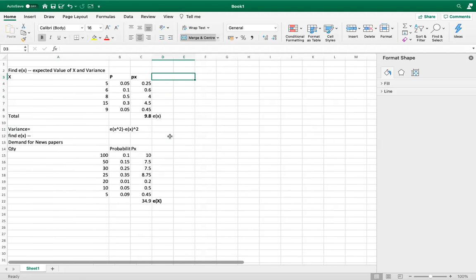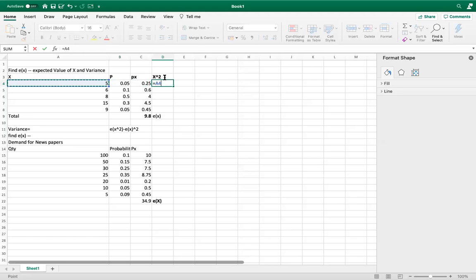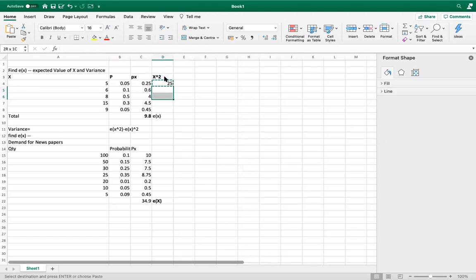I will do X square here, X power 2. ठीक है? X power 2 is going to be, what is X power 2? समझ में आ रहा है मैं क्या कर रही हूँ आपको? Yes, ma'am.